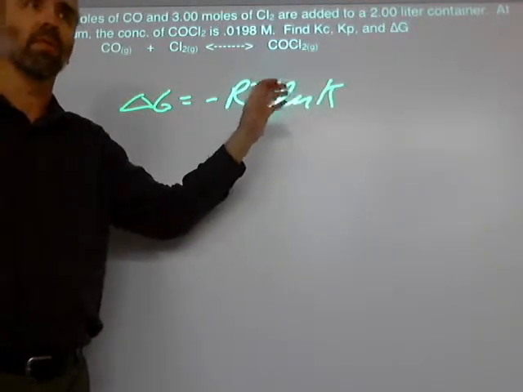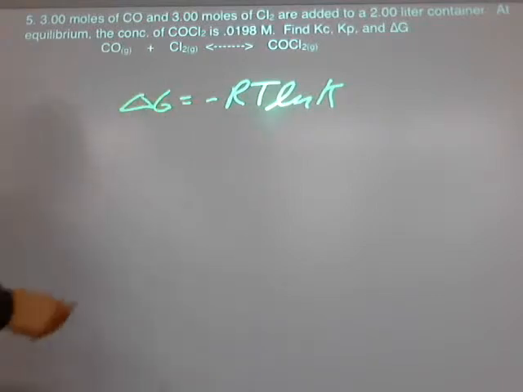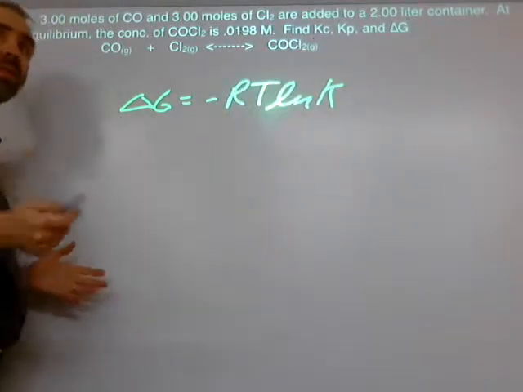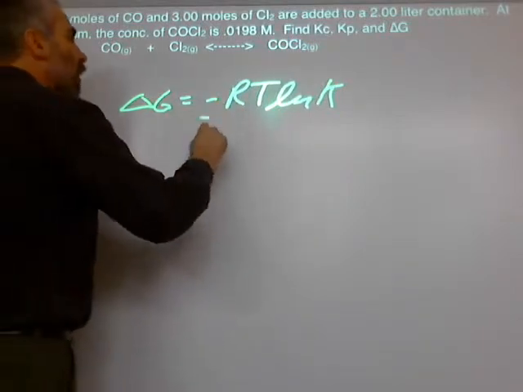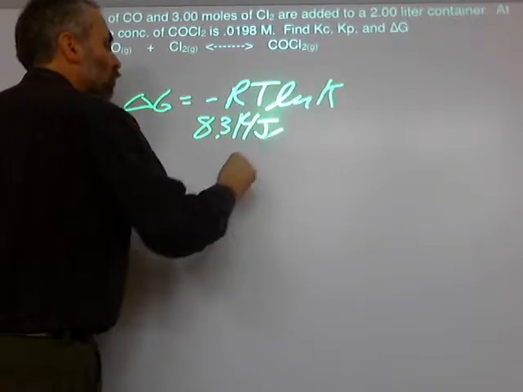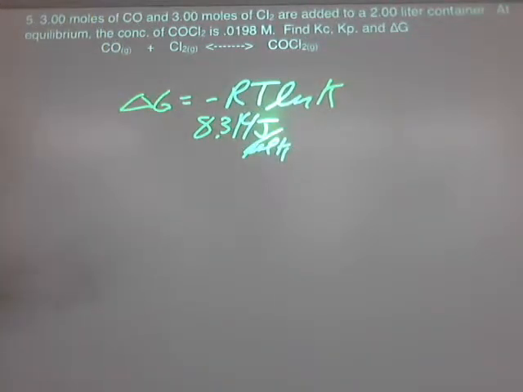Kp, since they're all gases. If they were aqueous, I would use Kc. The temperature has to be given to you. It's 25 degrees, which would be 298 Kelvin. But the R is 8.314 joules per mole Kelvin. That's important. You have to use that one in this case. And then you solve for your delta G.